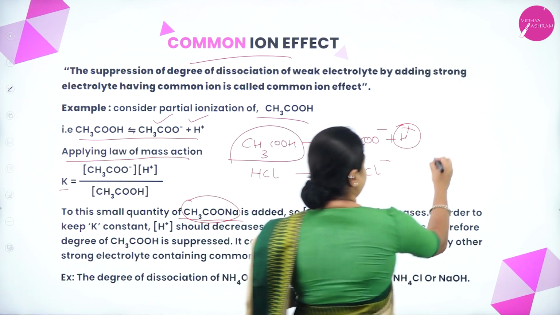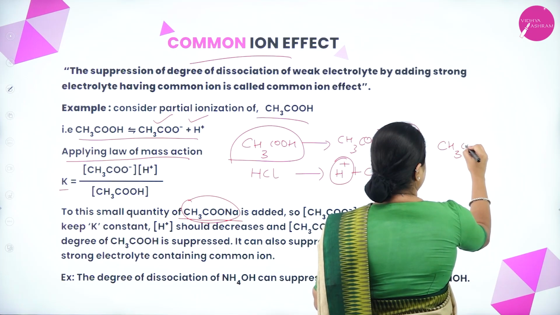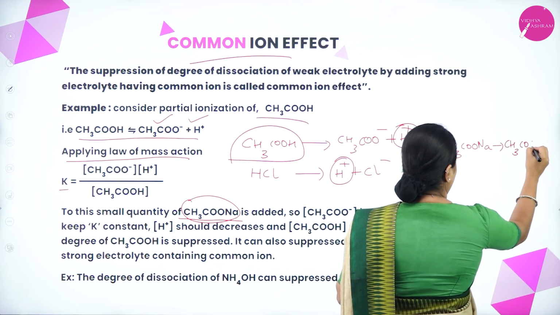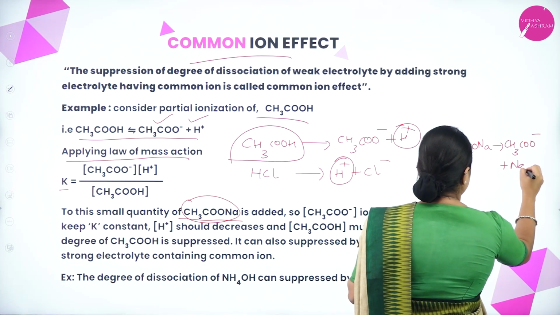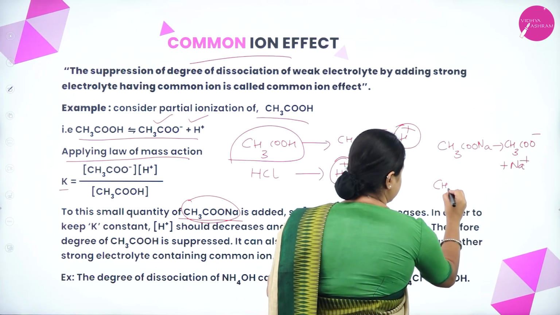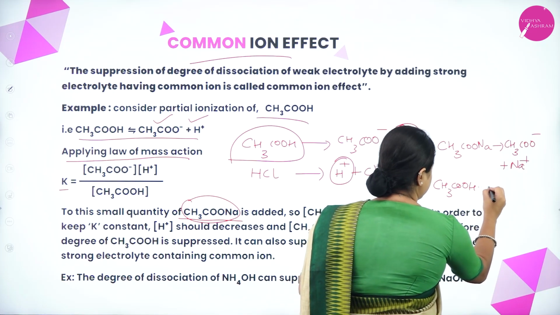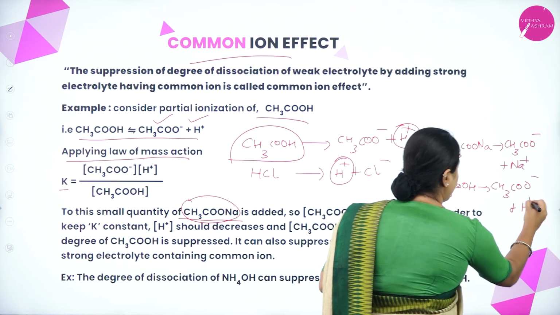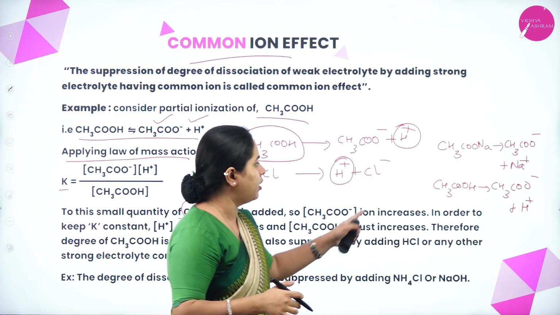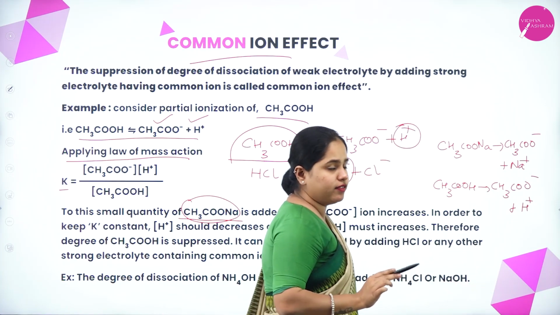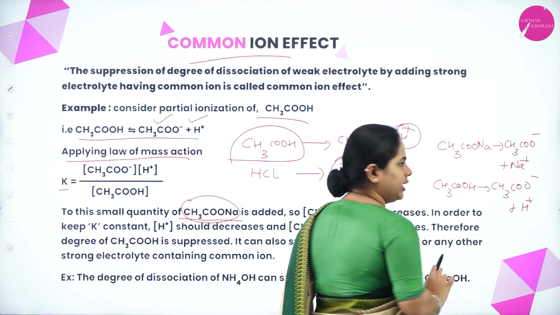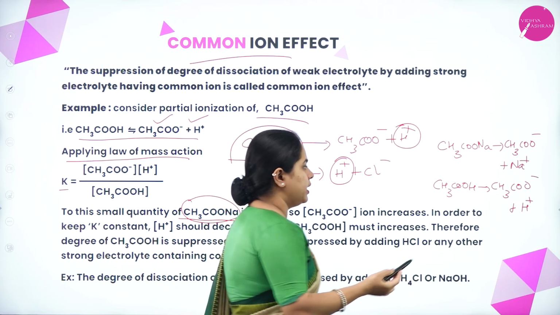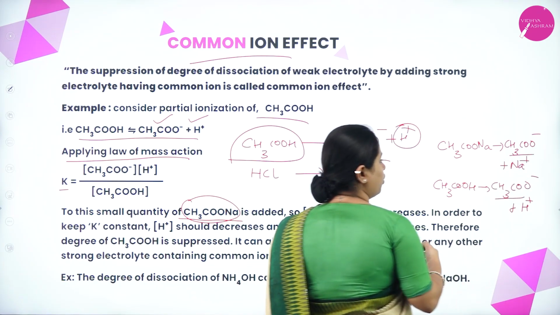So what are we going to add now? CH3COONa. The sodium salt of acetic acid, how does it dissociate? It dissociates into CH3COO minus and Na plus. Acetic acid dissociates into CH3COO minus and H plus. So now what have we added to acetic acid? We have added CH3COONa, which dissociates into acetate ion and Na plus. Now tell me, in this case, which is the common ion? Here you have acetate ion, and here also you have acetate ion.